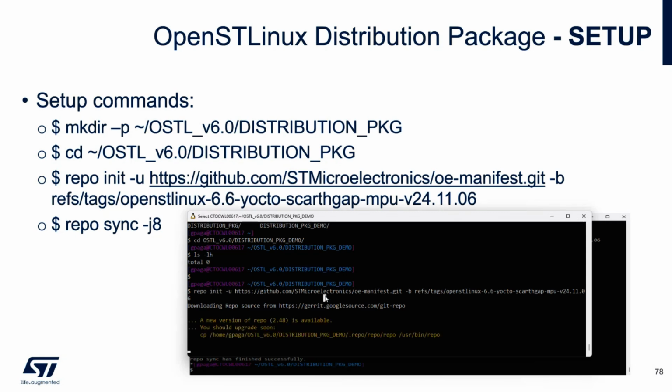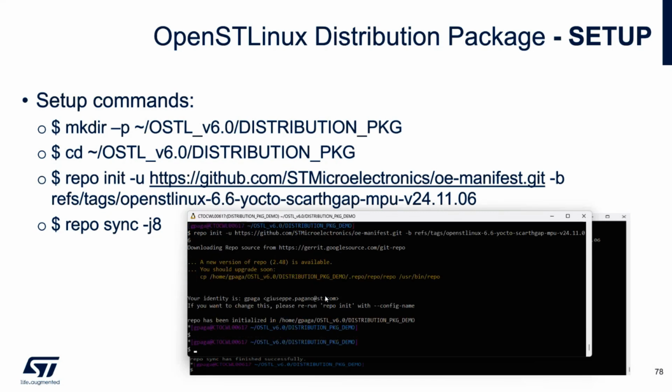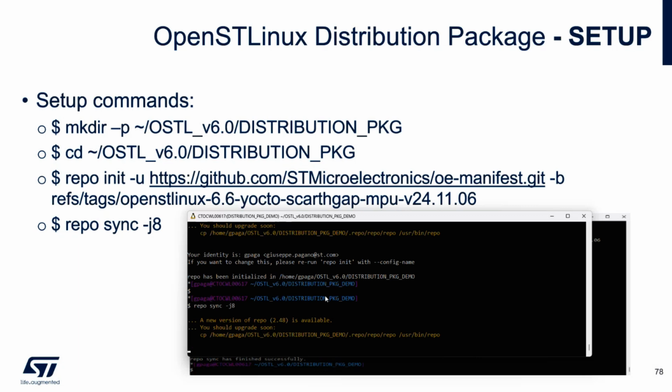And the second simple command is repo sync, with -j8. The -j8 switch means run 8 threads in parallel. I have a wide build machine here, so I prefer to launch several jobs simultaneously to speed up the process of downloading the repository.